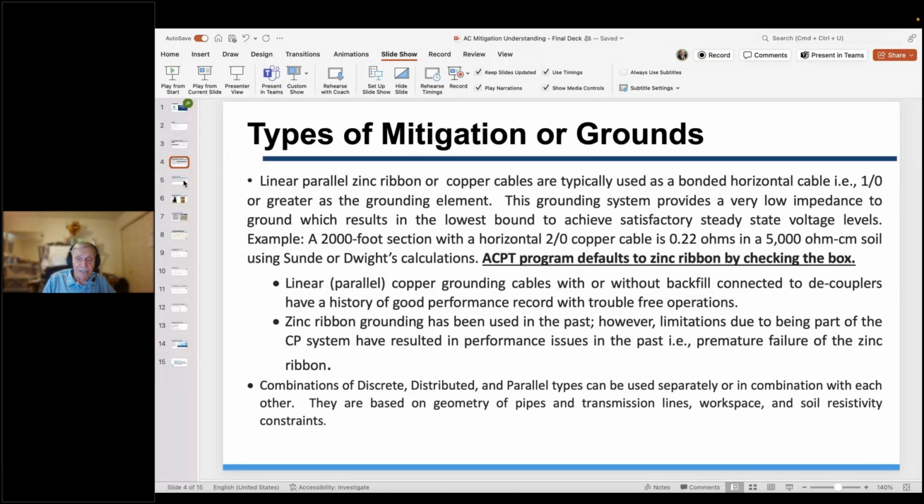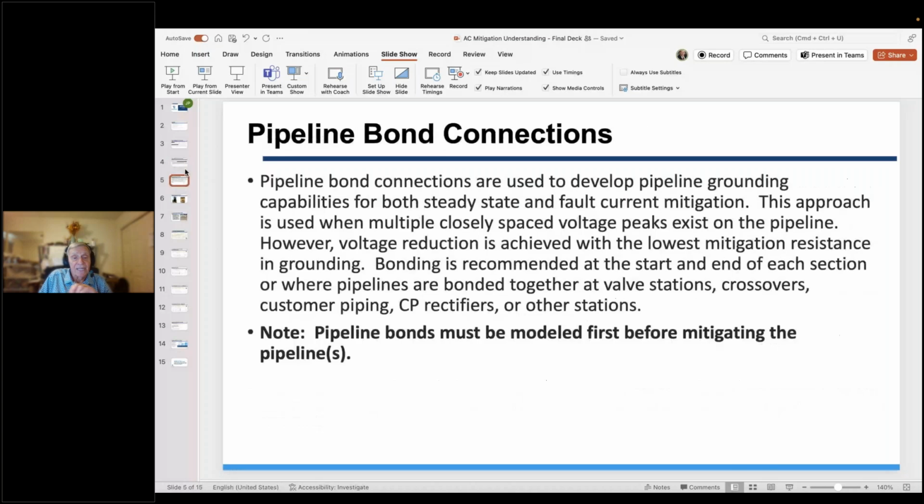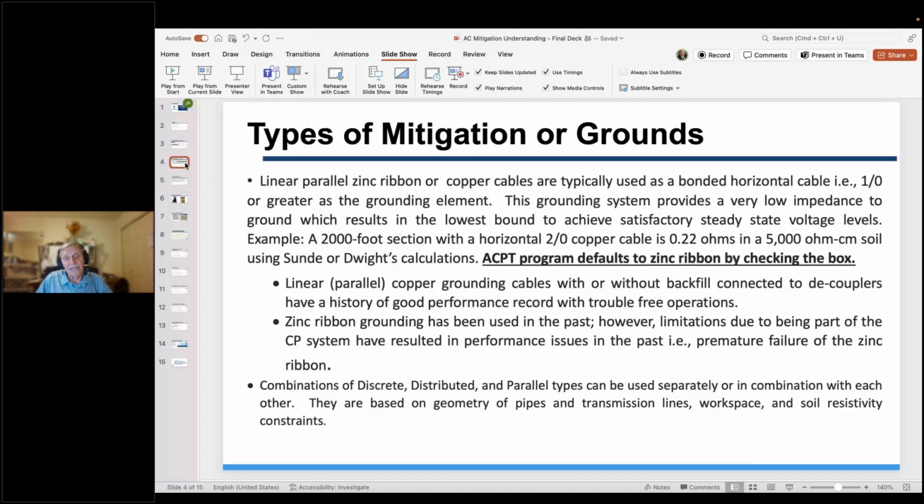But an anode is a ground too, so either way you want to look at it. But for the purposes today, we're just going to call it grounding. And of course we need to think about the geometry of the pipes and transmission lines when we're designing, the workspace, resistivity, and other constraints in that area.